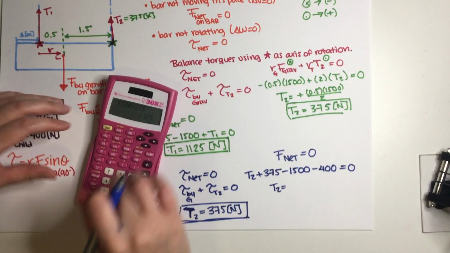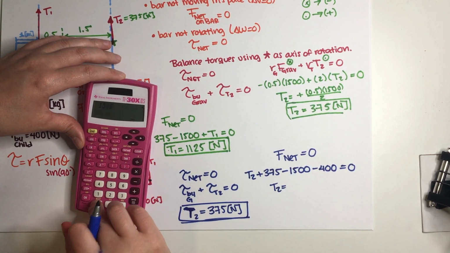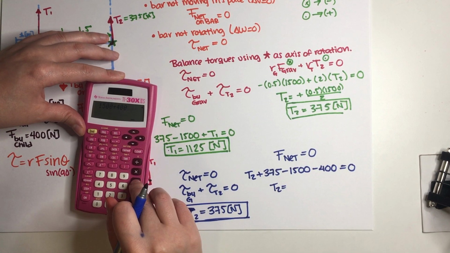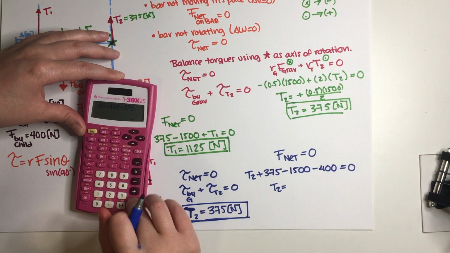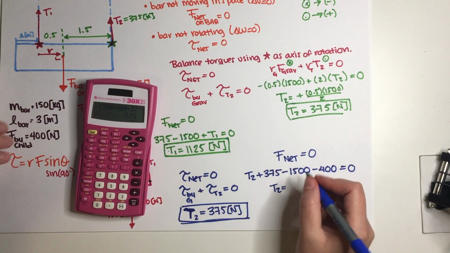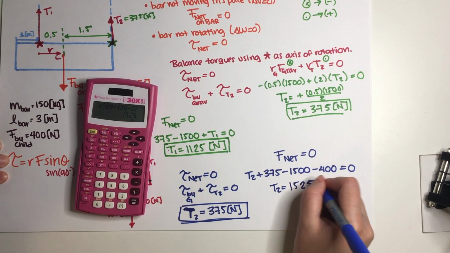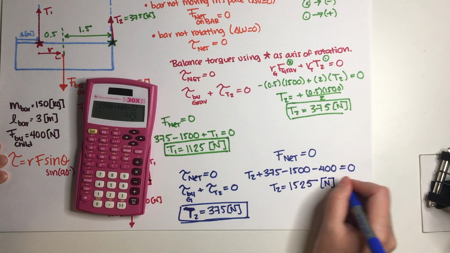So the first tension force is gonna be equal to 1500 minus 400, minus 375. And there we go, that looks good. 725 newtons, going up.